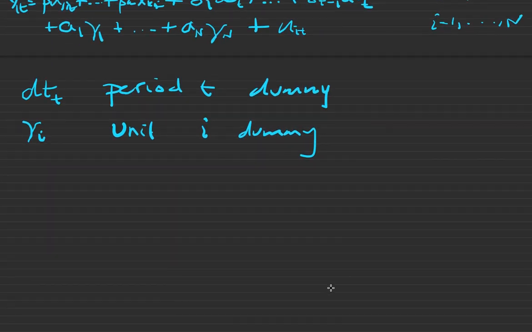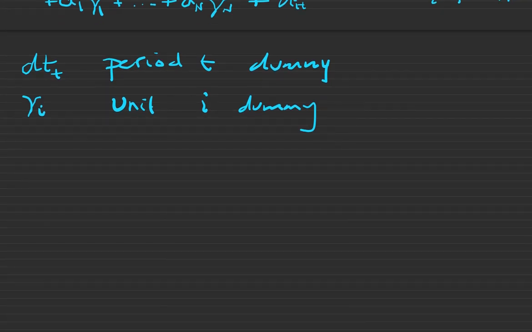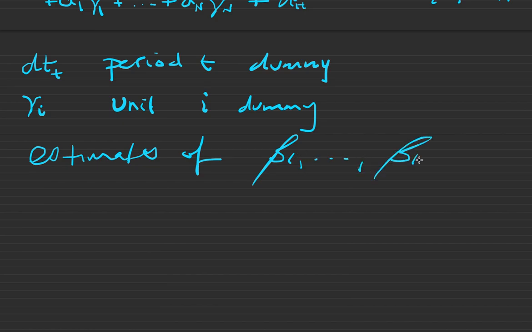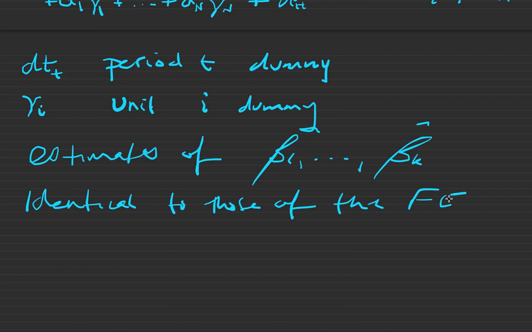The interesting thing about the least squares dummy variable model is that the estimates of beta 1 hat through beta k hat will be identical to those of the fixed effects model, given that we have also included the full set of period t dummies in the fixed effects estimator.